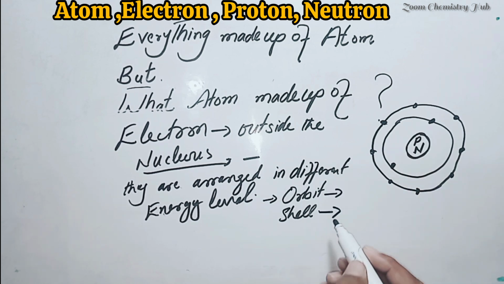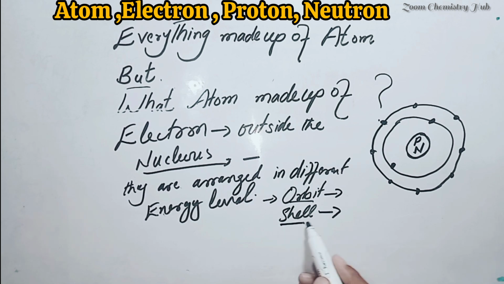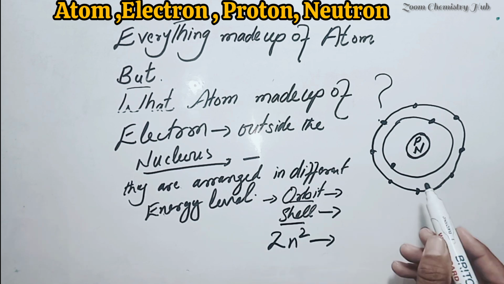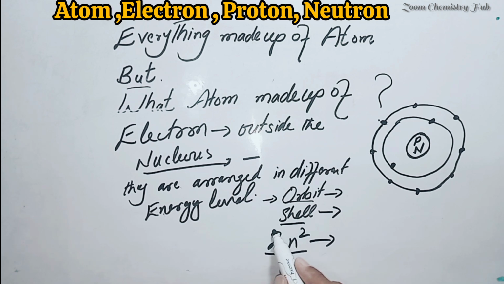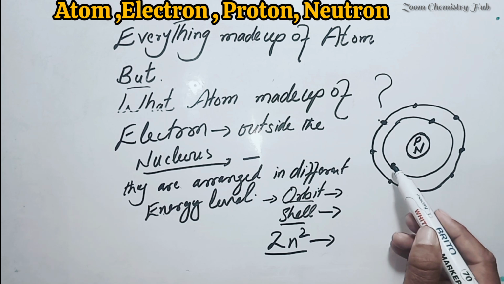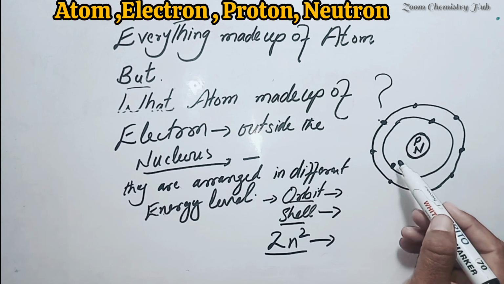In these orbits or shells, electrons are arranged by a formula, that is the 2n square formula. By obeying this 2n square formula, electrons are accommodated in different shells or energy levels.